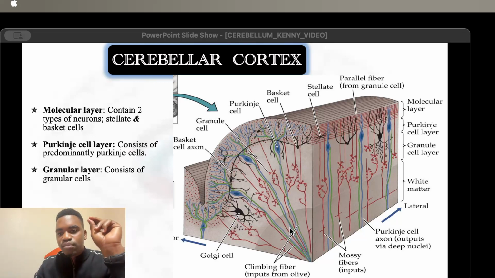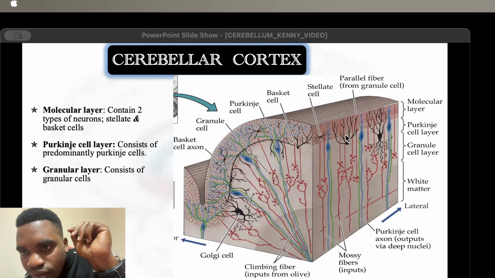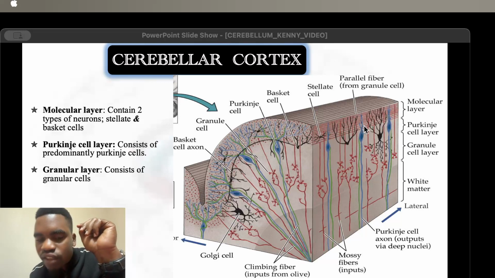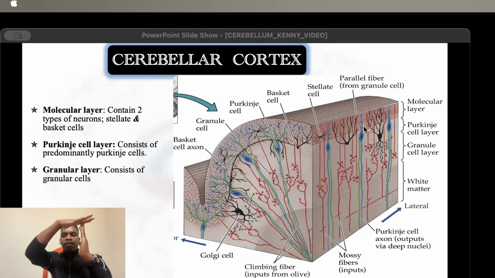The Morse fibers will take information into the cerebellar cortex, and after reaching the cerebellar cortex, it bifurcates into two. For example, if you see this one, it bifurcates into a fiber that goes in this direction and the other one goes in that direction. So it makes a perpendicular bifurcation.